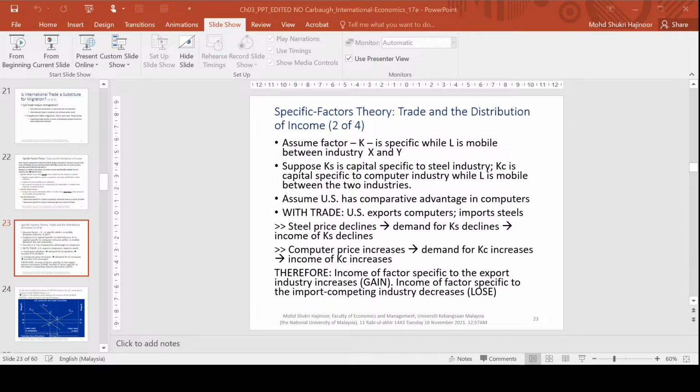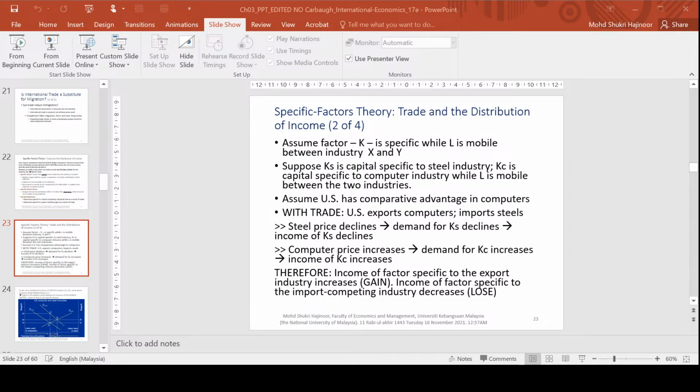So steel price declines. Why? The United States imports steel, and steel is cheaper in the world through trade.